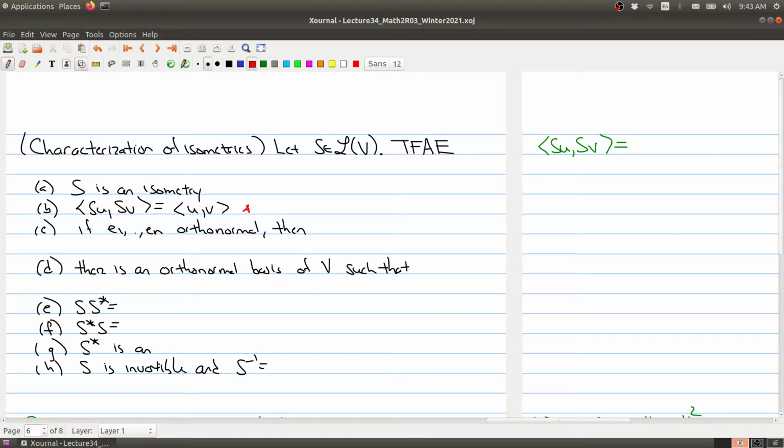So what this is saying is that the inner product is preserved between these two vectors.